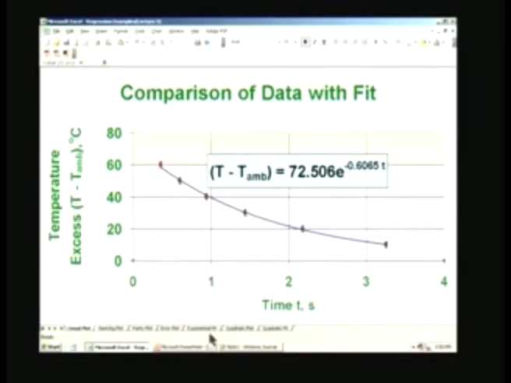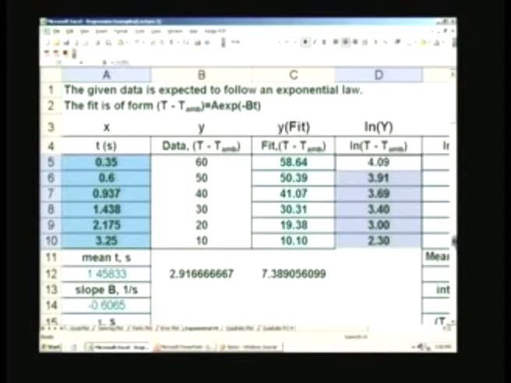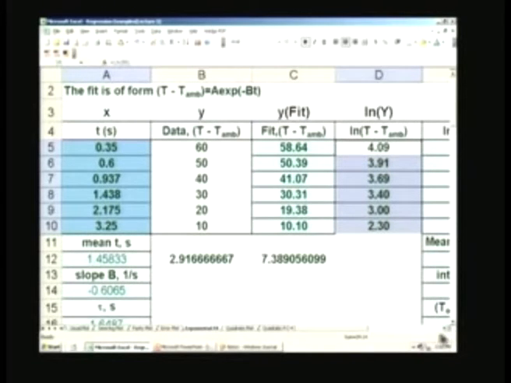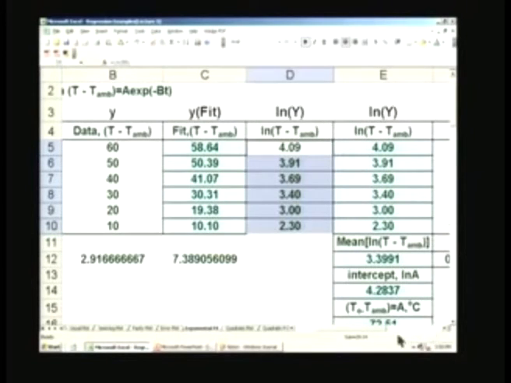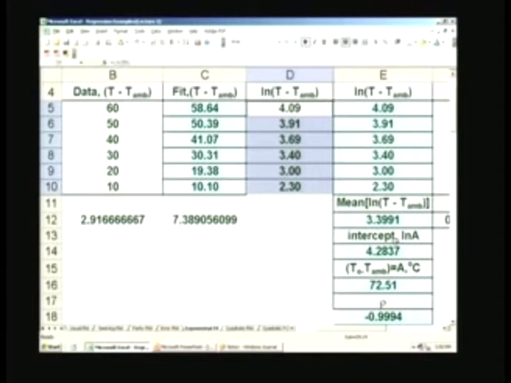In fact, I am going to show you how I do that. So let us look at the next one here. I get the intercept, which is 4.2837, which is the logarithm of the intercept.